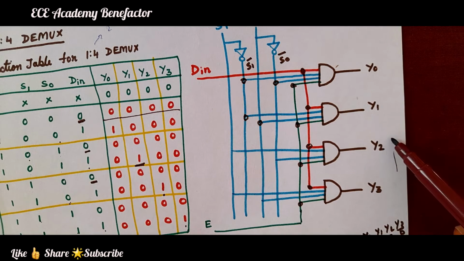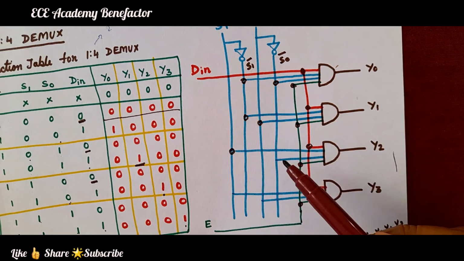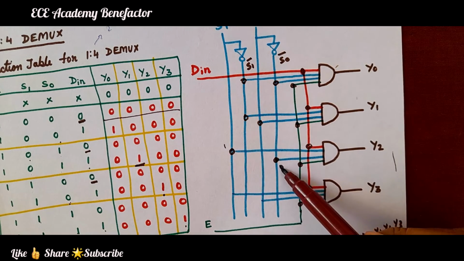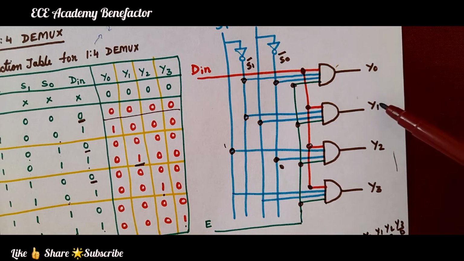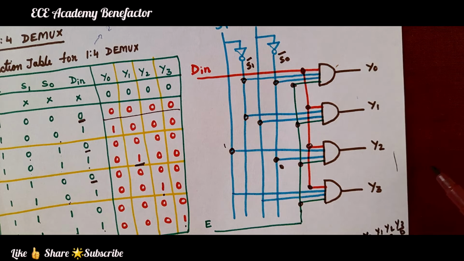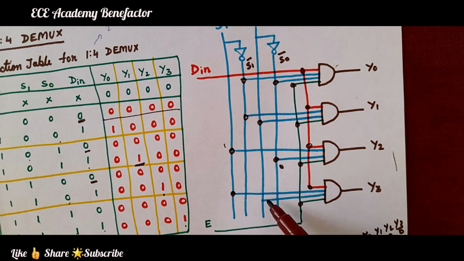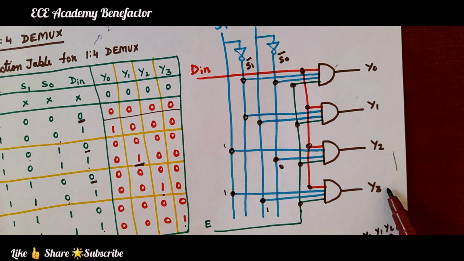Now to make Y2 1, that means 1 0, S1 and S0 bar. When the select lines are 1 0, Y2 will become 1, and Y0, Y1, Y3 will become 0. To get Y3 1, the selection lines are 1 1, S1 1, S0 1. So when the selection lines are 1 1, Y3 will become 1 and these three will become 0.